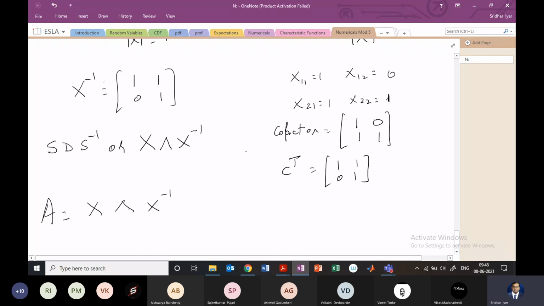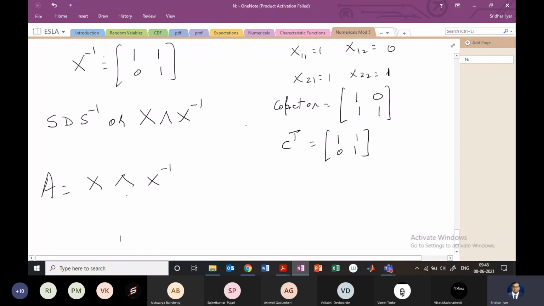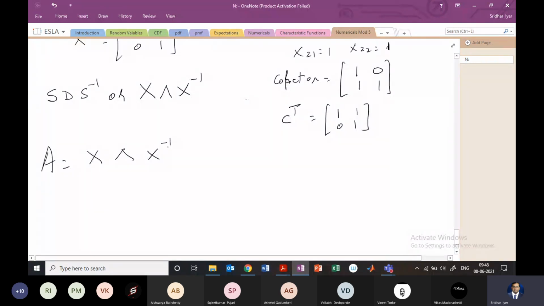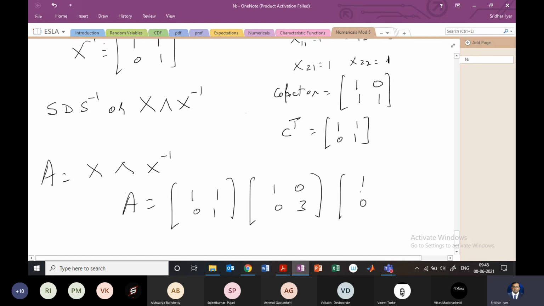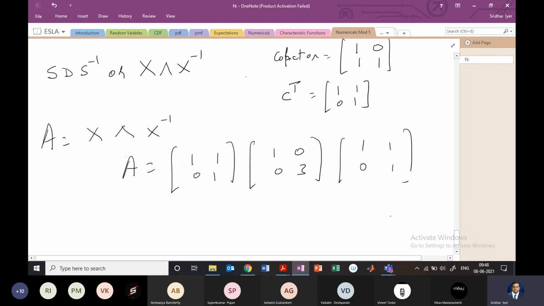Therefore we can write this matrix A in 3 forms. So A will be x, which is 1, 1, 0, 1, d, which is 1, 0, 0, 3, and the inverse, which is 1, 1, 0, 1. Okay, so that's how we can get A.